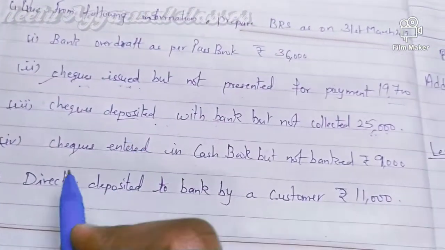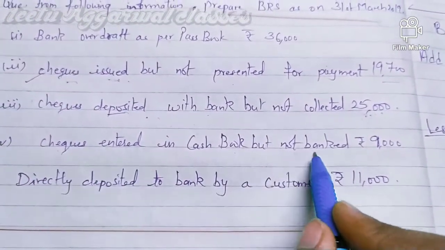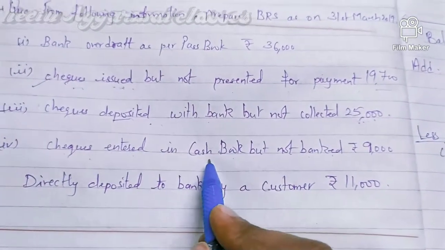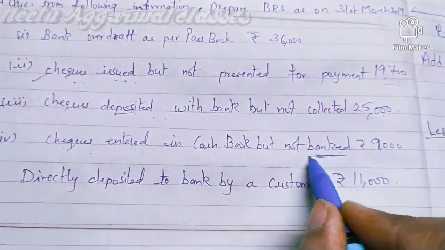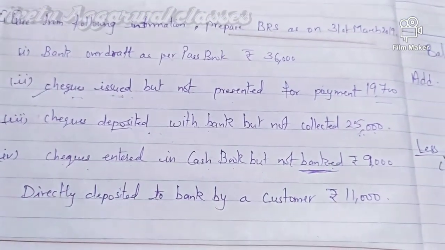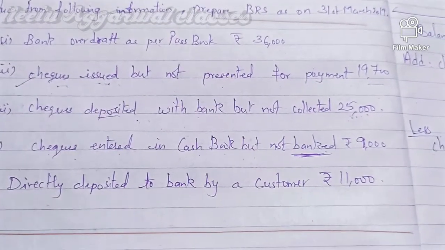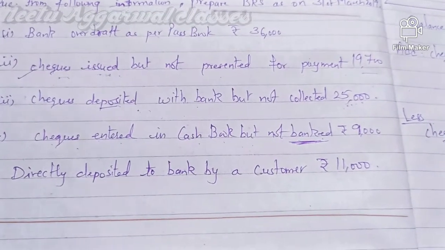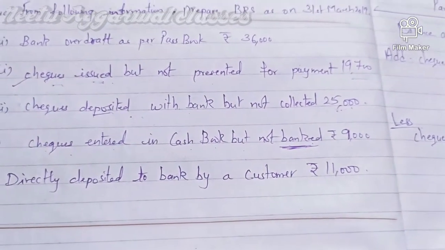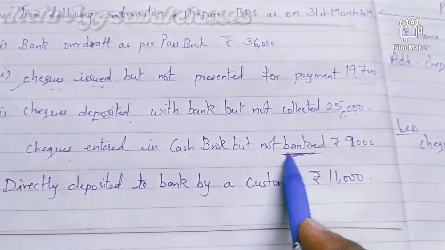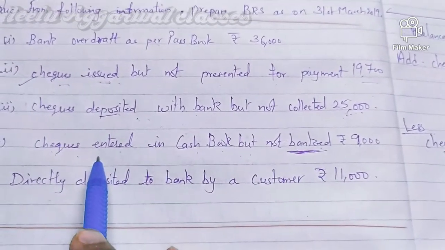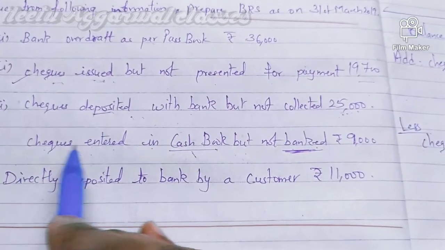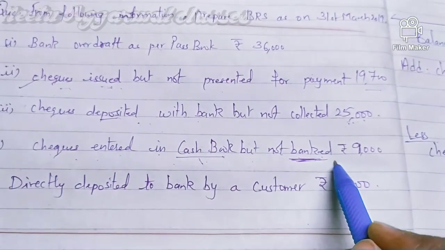Checks entered in the cash book but not banked. Which checks do we bank? Those we collected from our debtors. These are the checks we need to deposit in the bank for the credit entry in the passbook. But those are not banked. What we have done earlier, we debited in the cash book, right?